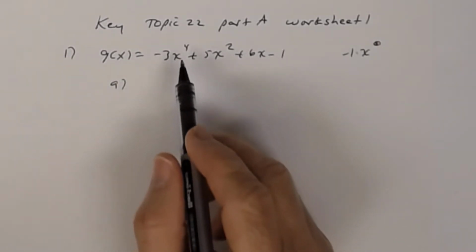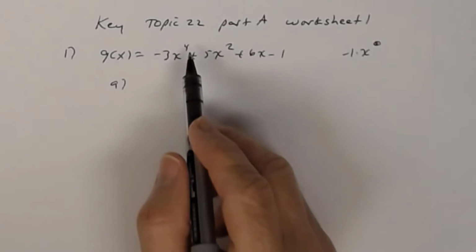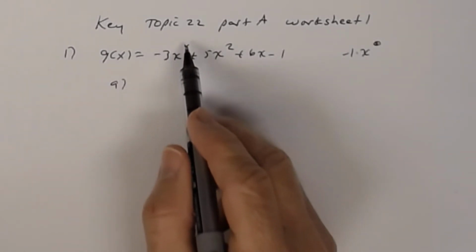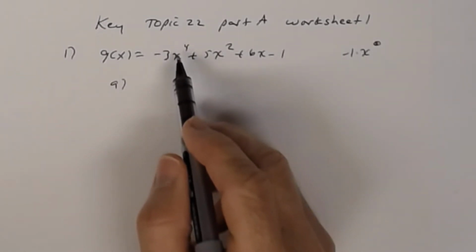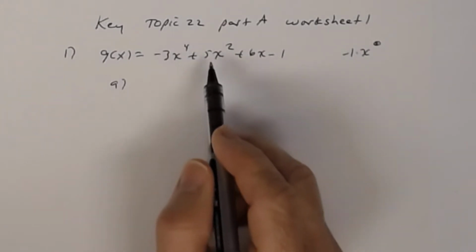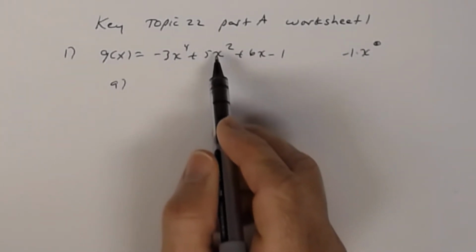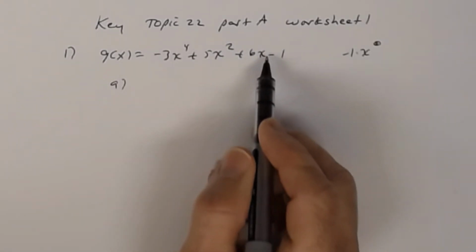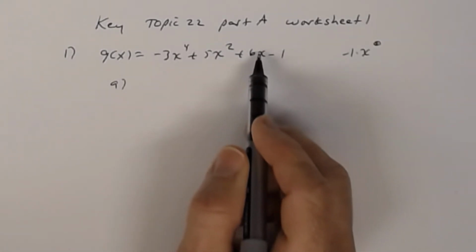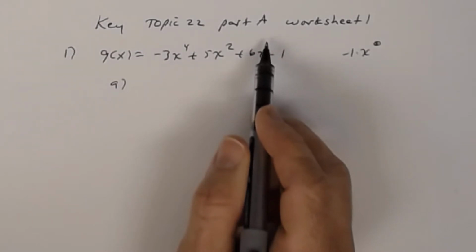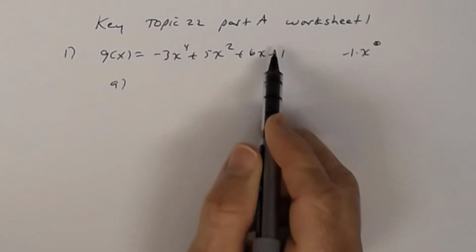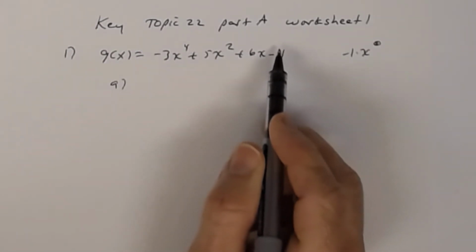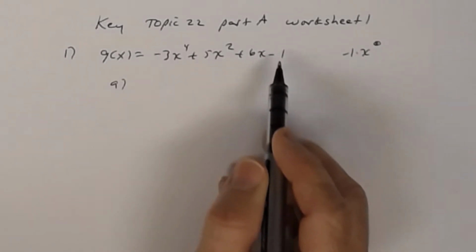All right, and so notice that the degree of this term is 4. You only see the variable x, and that exponent is 4. In this term, you only see the variable x, and that exponent is 2. In this term, you see 6x, the exponent of x is 1. In this term, that's your constant, you see negative 1.